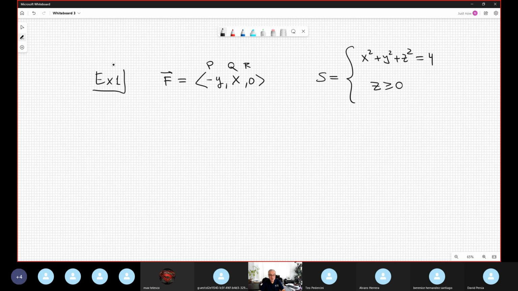So actually it's a hemisphere, the top part.